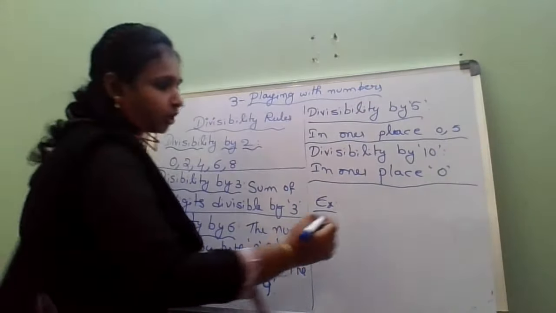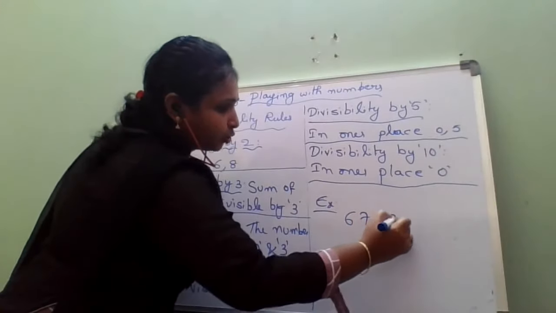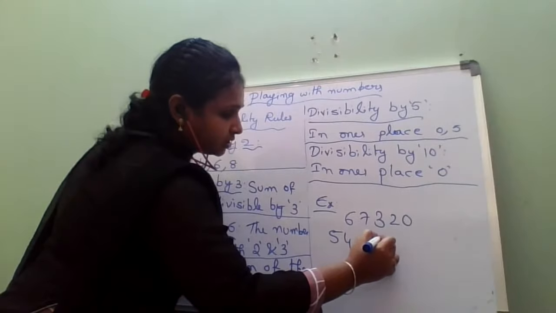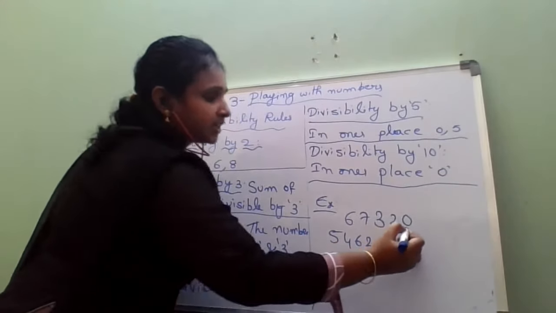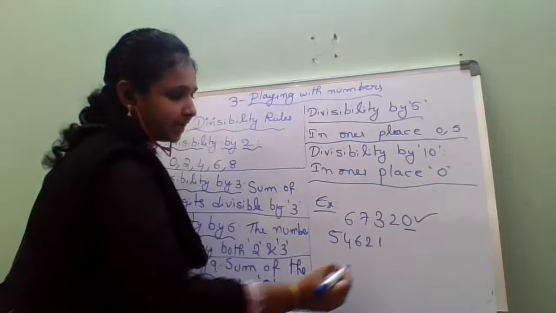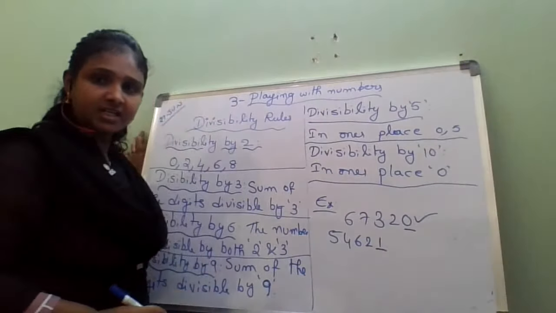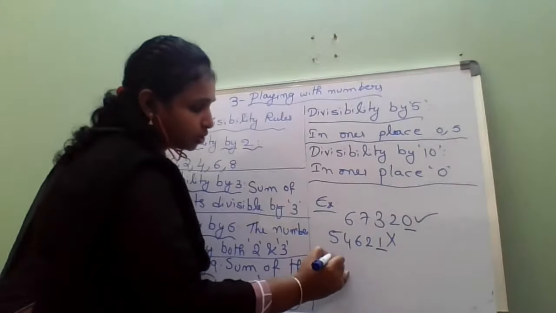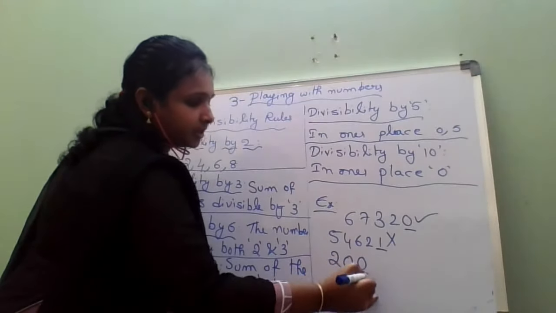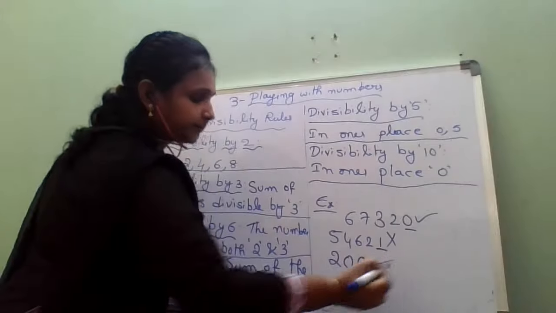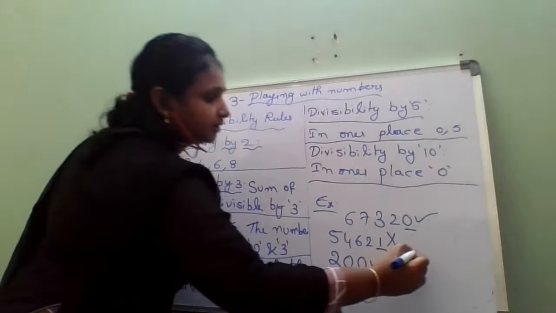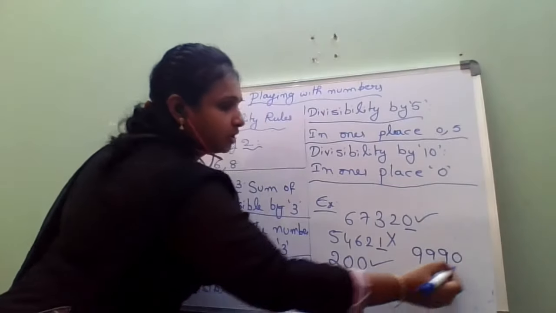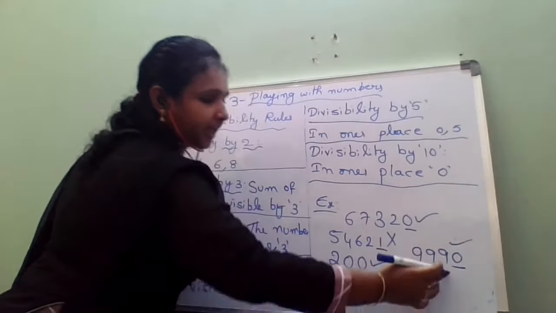6, 7, 3, 2, 0. This number is divisible by 10. 5, 4, 6, 2, 1. In the ones place 1 is there, so this number is not divisible by 10. 200, this number is divisible by 10. 9990, this number is divisible by 10.